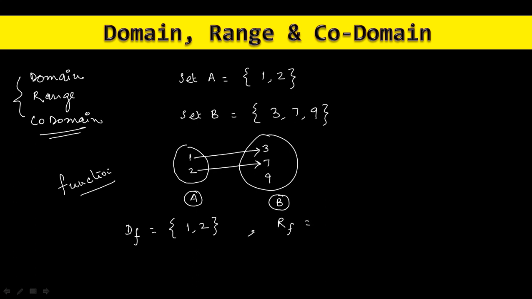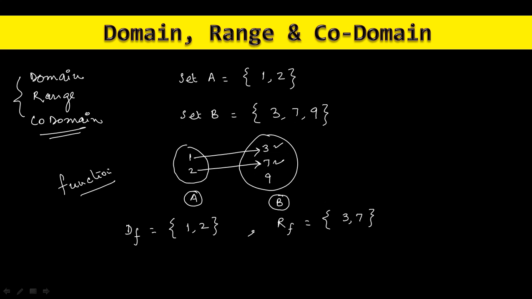Range of the function is all the elements which are approachable when I insert the values of domain. It means only 3 and 7 lie inside range.